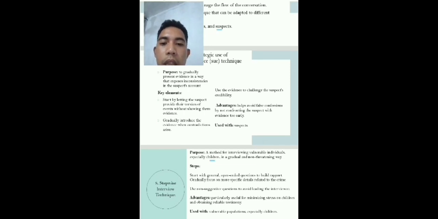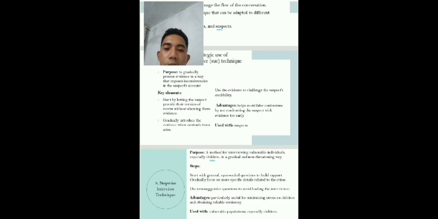There are some steps of this interview technique. First is start with general open-ended questions to build rapport. Gradually focus on more specific details related to the crime. Next is use non-suggestive questions to avoid leading the interviewee.